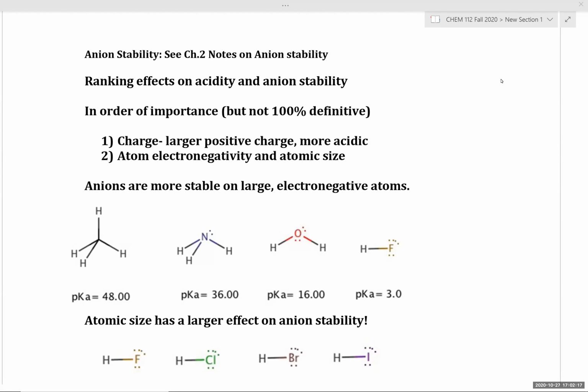So to round off our list of different potential intermediate species that we commonly see in organic reactions, we're next going to look at anion stability.